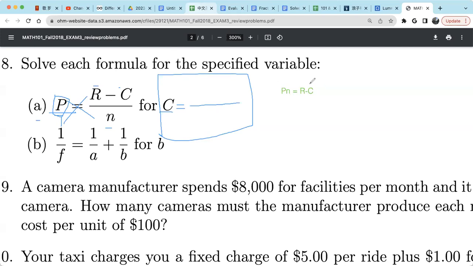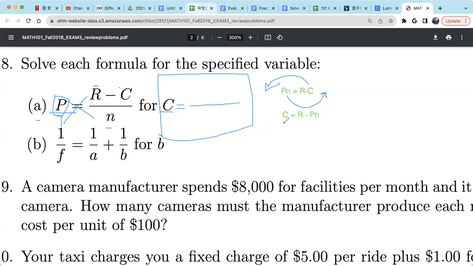We're solving for C. We can move negative C to the other side, and it becomes positive C. At the same time, we move Pn to this side. So we get C equals R minus Pn, right? Because negative C on the right-hand side, when I move it to the left-hand side, becomes positive.